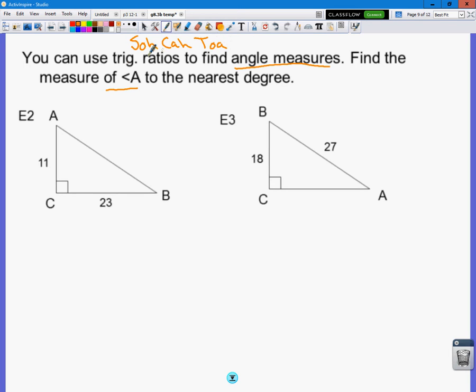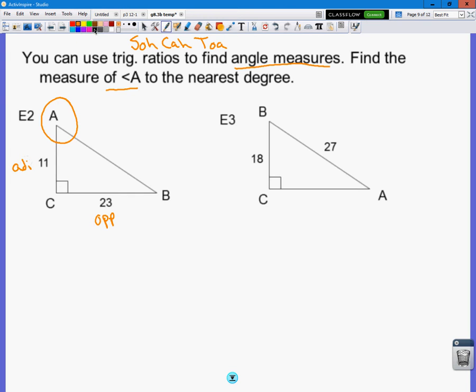Remember that when I'm using sine, cosine, or tangent, I always start at an acute angle. They're asking me to find angle A, so where do I want to start? I want to start at angle A, and I want to label my parts. What is the 23? Opposite. What is the 11? Adjacent.